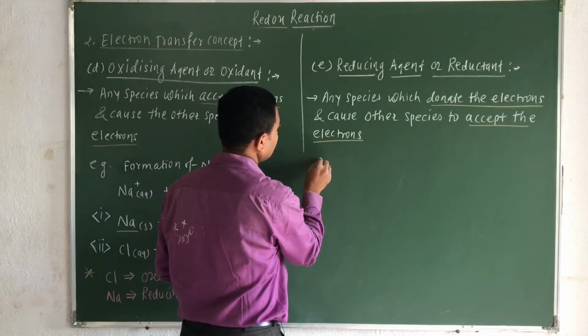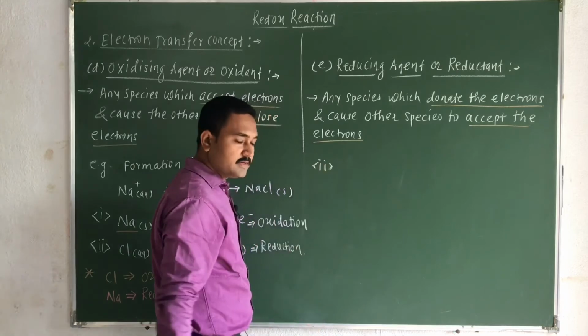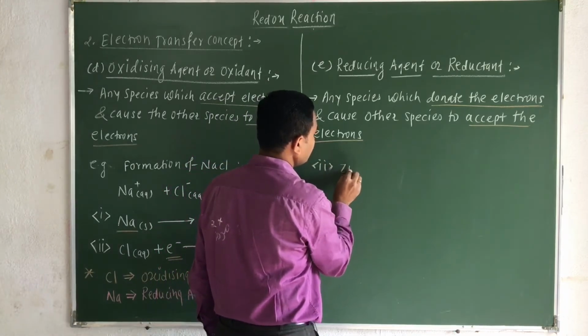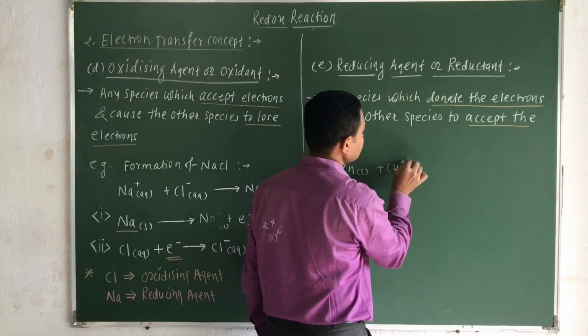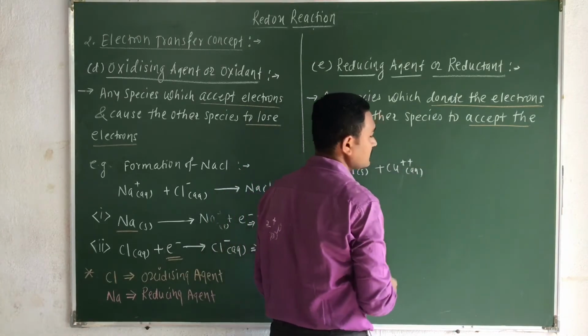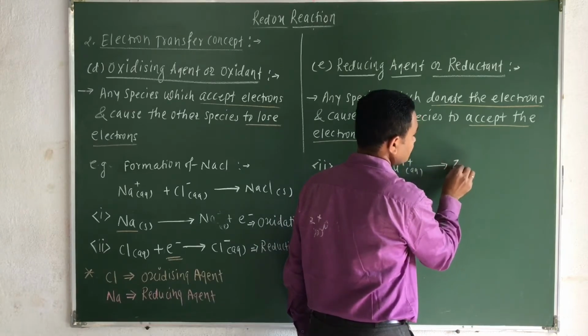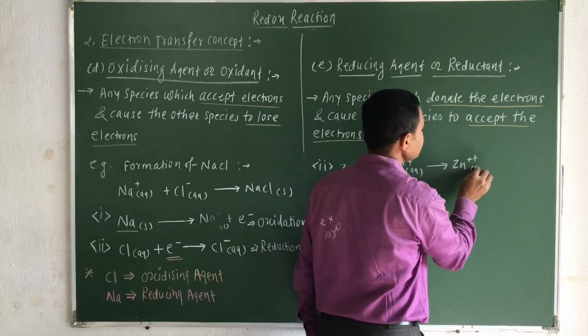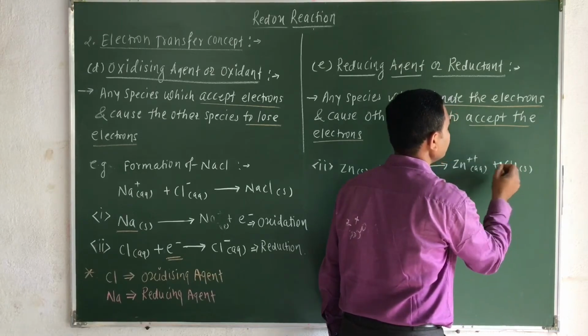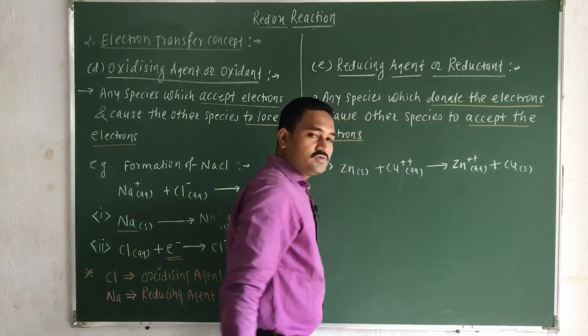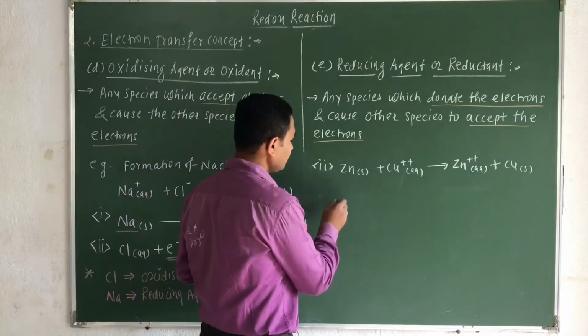Here we know that zinc in solid plus copper plus 2 ion aqueous gives zinc plus 2 ion in aqueous plus copper in the solid. So this is a very simple reaction.